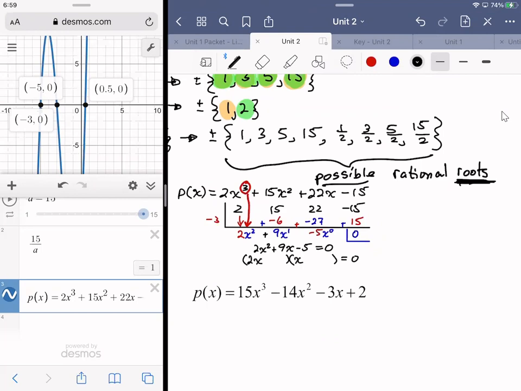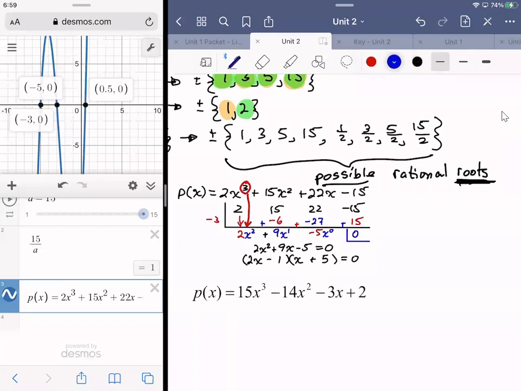If I'm going to multiply to a 5, it's going to be 1 and 5 or 5 and 1. One of them's got to be positive, the other's got to be negative. The outers give me a 10x, the inners give me a negative 1x, which makes a positive 9x, so we're good there. Now we have our factors.